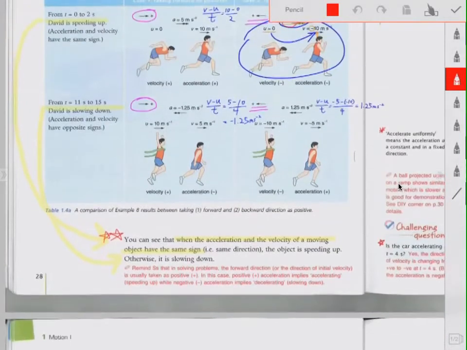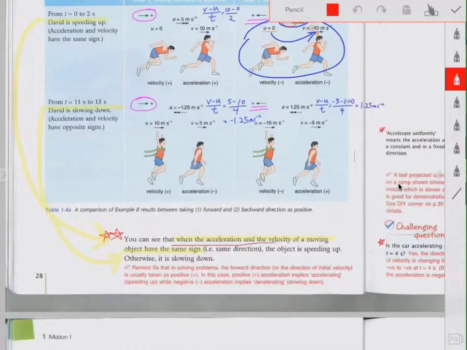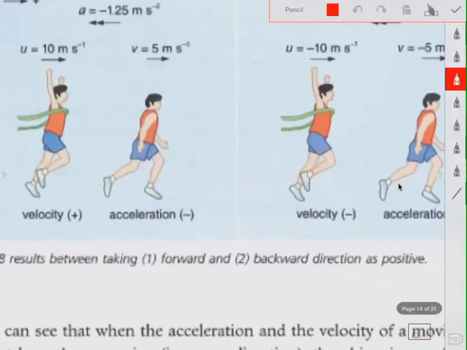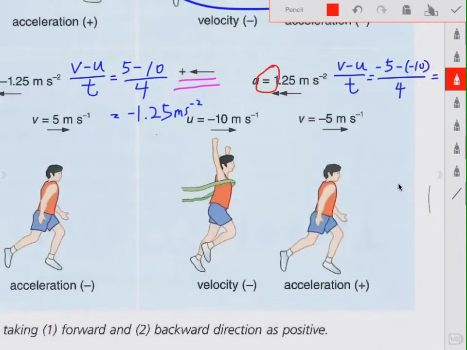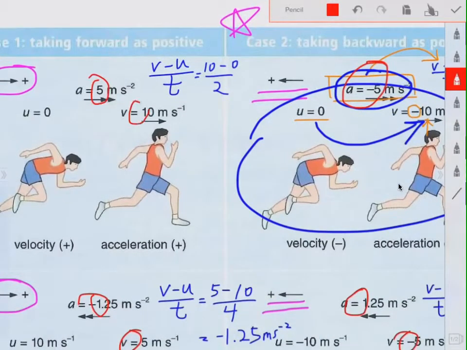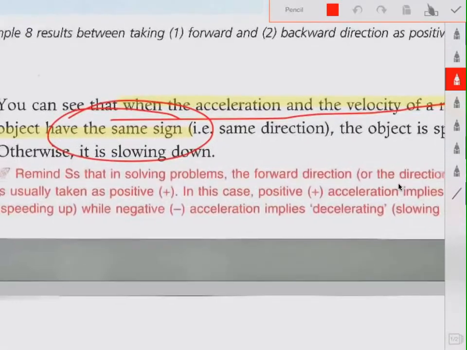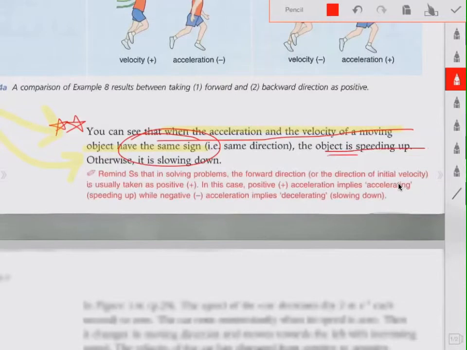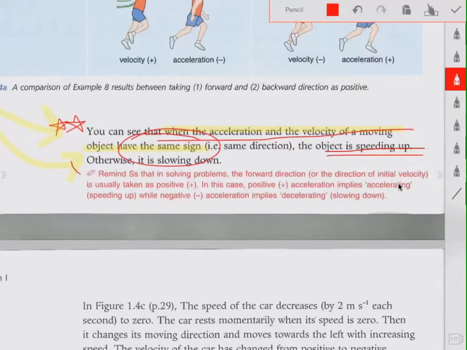One more conclusion you can find in this picture is, underline, when the acceleration and the velocity have the same sign, both positive or both negative, we can draw the conclusion that this object is speeding up. Here they have opposite signs, positive and negative. In other words, if they have opposite signs, they are slowing down.